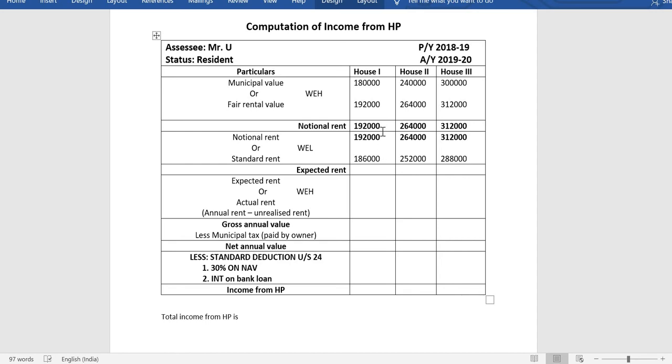Now, out of these two, whichever is less, that is the expected rent. In house 1, 1,86,000 is the lesser value. In house 2, 2,52,000 is the lesser value.